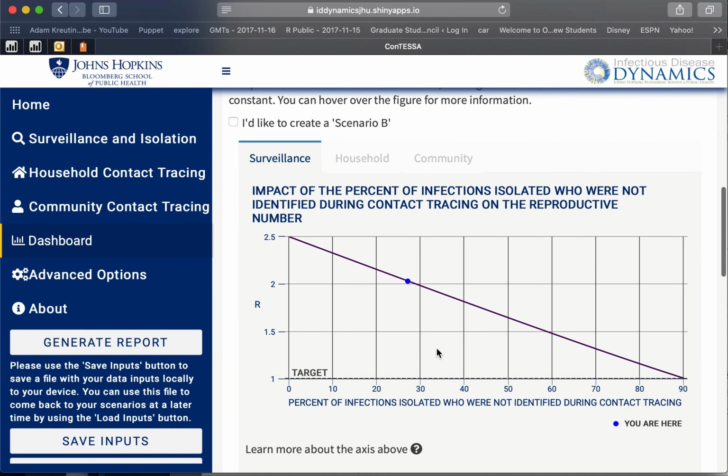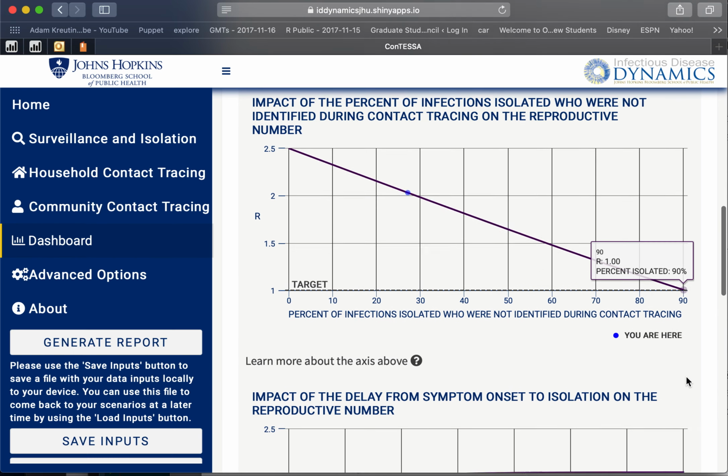And so we can look here at basically what if we were doing a little bit better, kind of where would we be? And so, for example, if we were somehow able to isolate 90% of individuals that are infected, we could actually get that reproductive number all the way down to 1, which would be great because that would slow the epidemic.